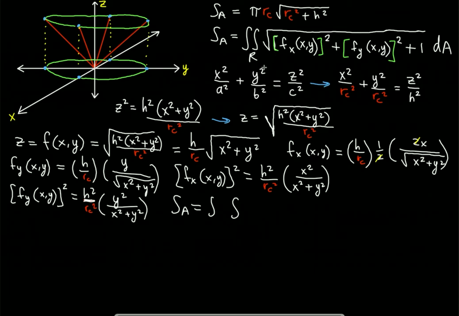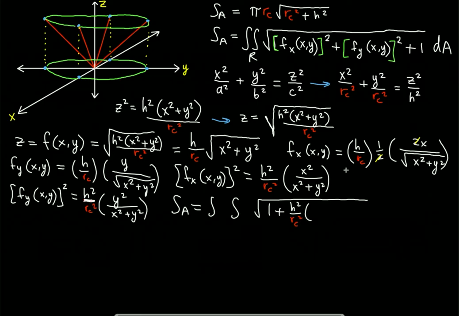So here's the thing. We're going to have inside what? Let's write a 1 first inside the integrand. 1 plus, and then let's write the partial derivatives being squared. So this one is h squared over rc squared. Okay, so let's write that h squared over rc squared.